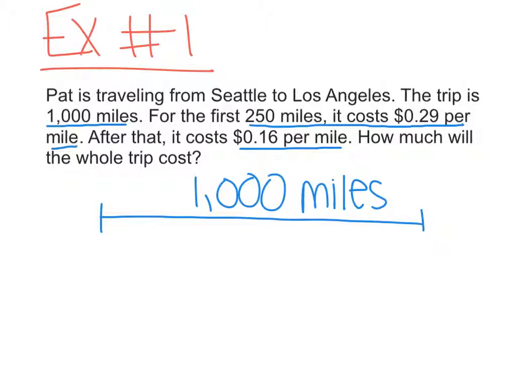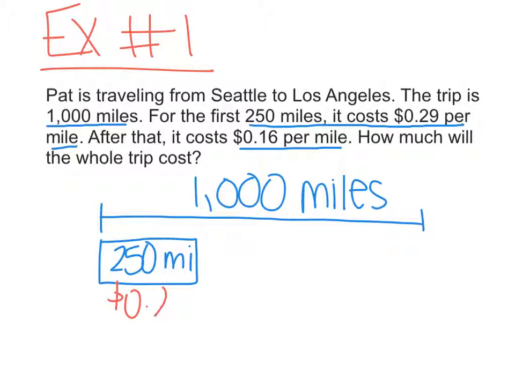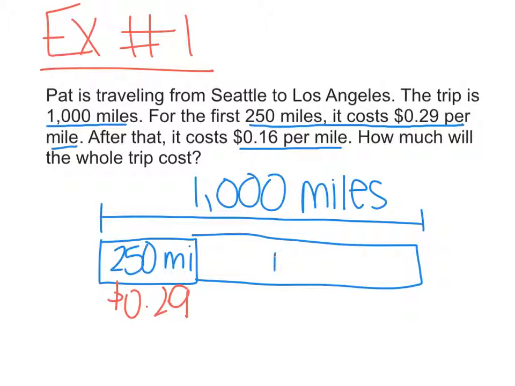So we know she traveled for 250 miles, and we know for every mile it was 29 cents. And then the rest of her trip, we don't know exactly how much that is, so let's put an M. But for the rest of her trip, it was 16 cents per mile.